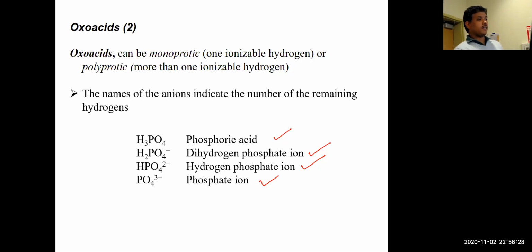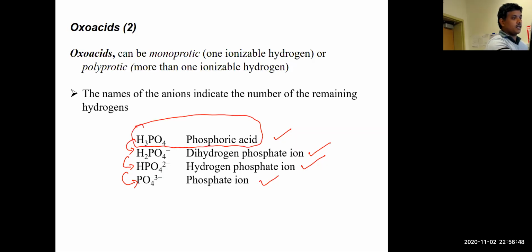They just indicate how many hydrogens are present, because from one to the next you have one hydrogen less. It keeps track of how many hydrogens are left, because phosphoric acid is the parent molecule, and from that you derive the rest of the names: dihydrogen phosphate ion, monohydrogen phosphate ion, or phosphate ion.